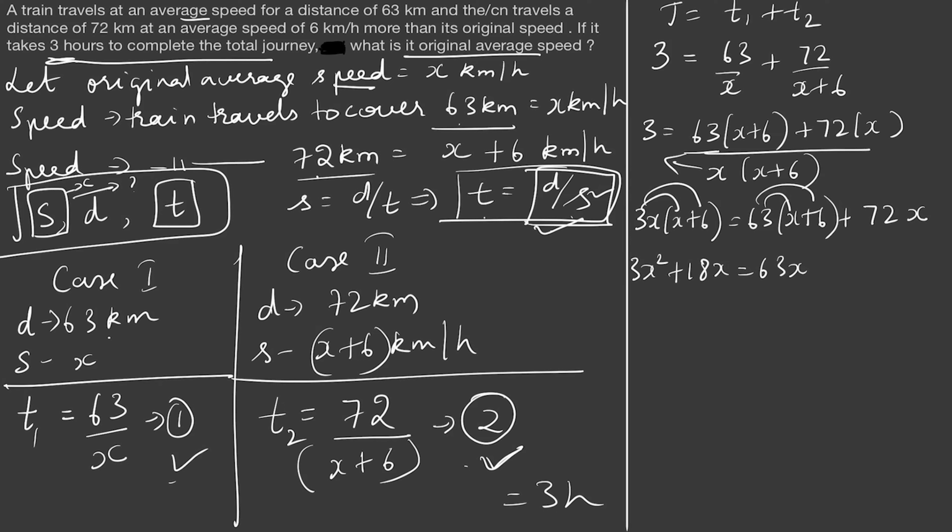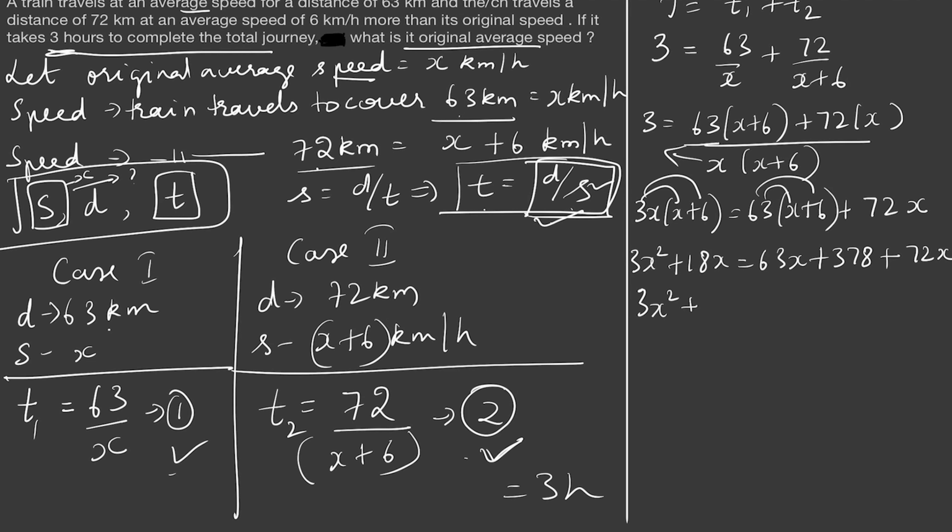Multiplying with both the terms, 63 into 6 is 378, plus 72x. So 3x square plus 18x is equal to 63 plus 72, which is 135x plus 378.